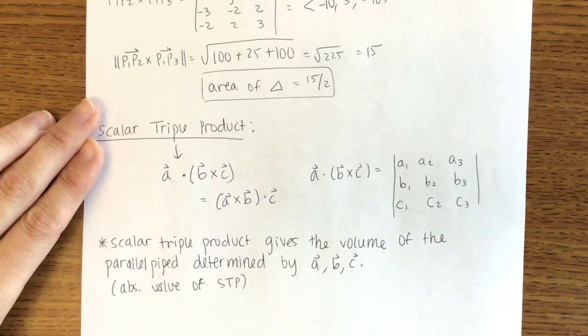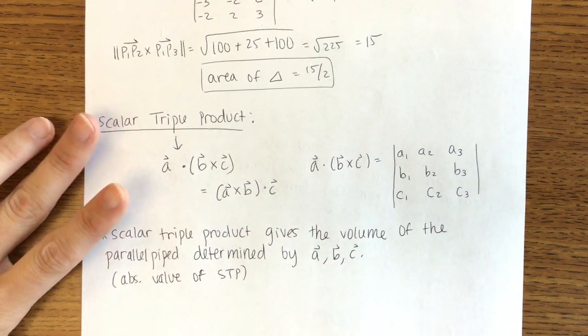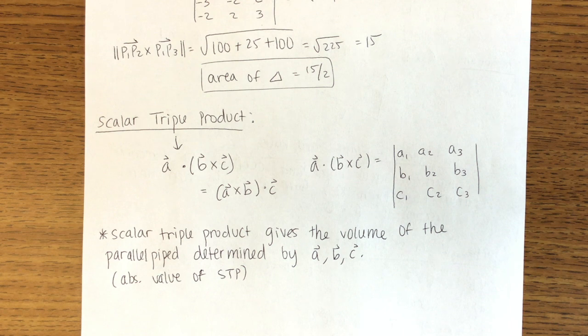Sometimes the scalar triple product is going to be negative. So when you take the absolute value, it gives the volume of the parallelepiped.